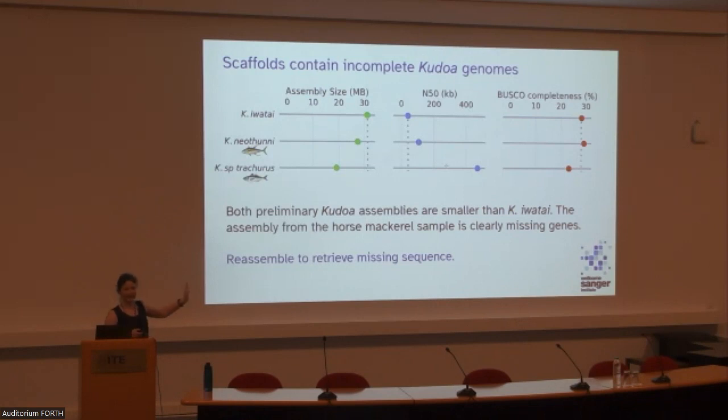One of them in particular also appears to be missing a bunch of genes. So given this, I wanted to go back and reassemble these correctly and try to get the whole genomes. But before I did that, I wanted to get an idea of what I was dealing with and figure out roughly how much there was in the raw read sets.